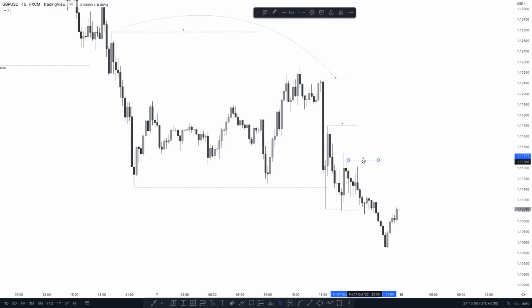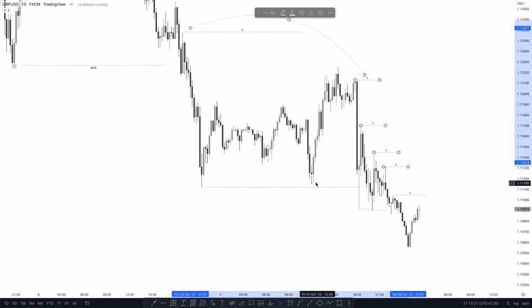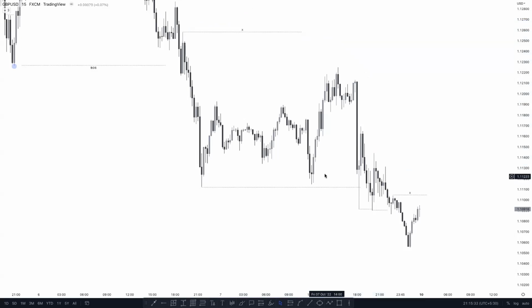So our inducement transfers from here to here. And again, where is our inducement? It is here. When market continues to break the recent low, the previous low, then our inducement also shifts. So right now we have only one inducement, which is here, and all these other inducements are not valid.